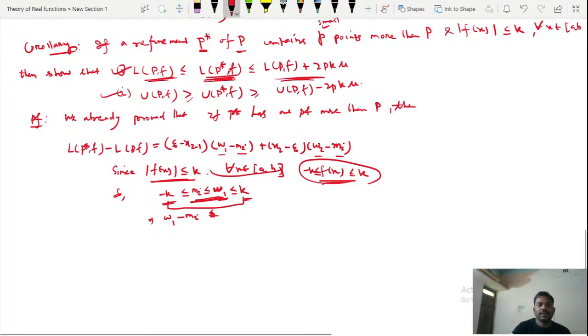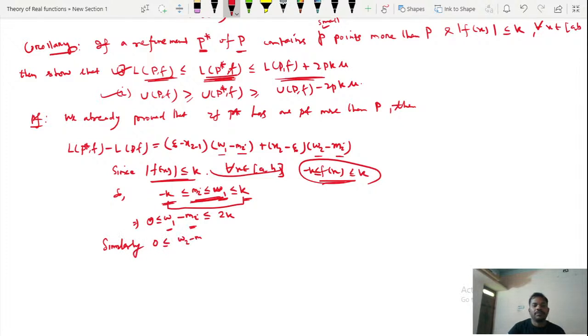So this is less than or equal to 2k, and since this is the bigger one and this is the smaller one, it is greater than or equal to 0. That means 0 is less than or equal to w1 minus m i, less than or equal to 2k. Similarly, 0 is less than or equal to w2 minus m i, less than or equal to 2k.